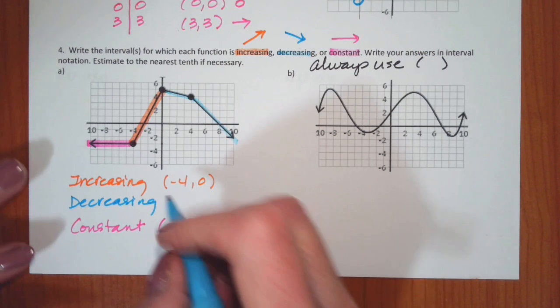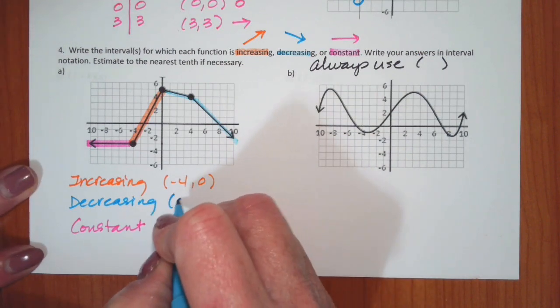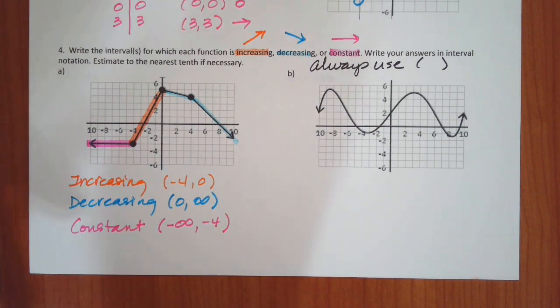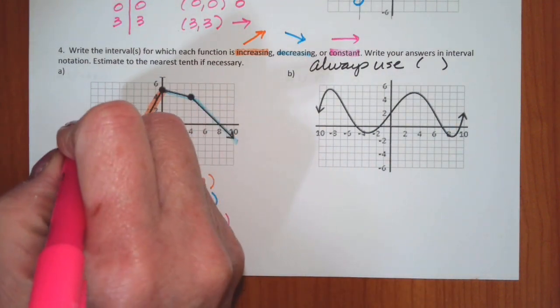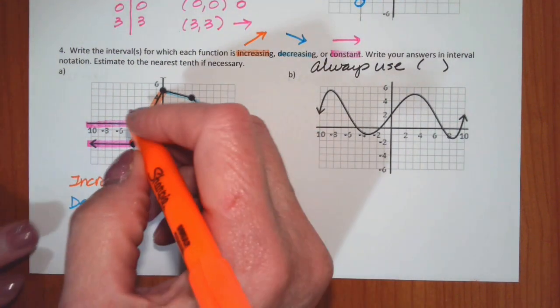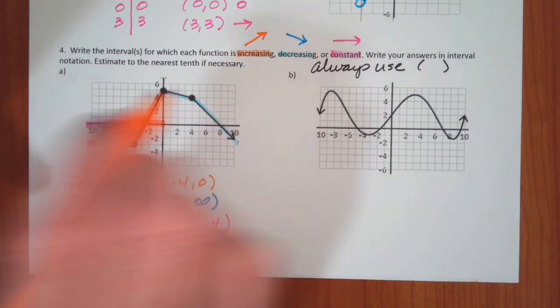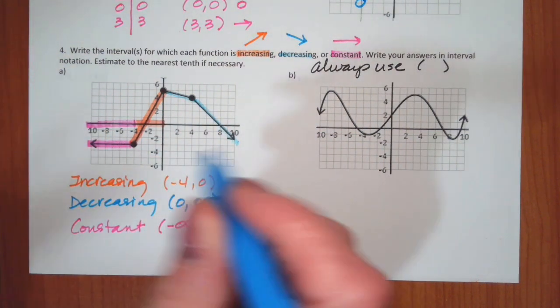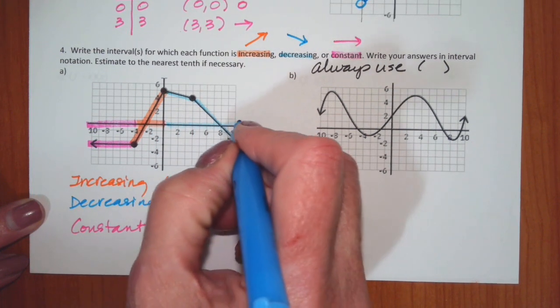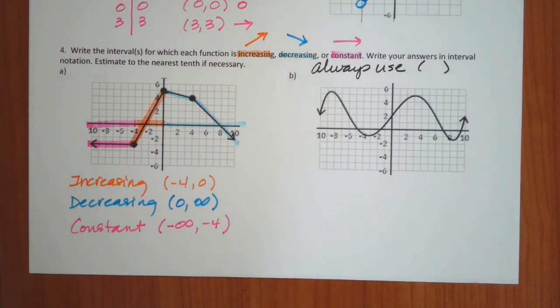So the values of x for which it is decreasing is from 0 to infinity. Now you can mark those if it's helpful for you, mark it on the x-axis. It is decreasing from here to here. It is increasing for my x values from here to here. And it is decreasing for my x values from here to here.